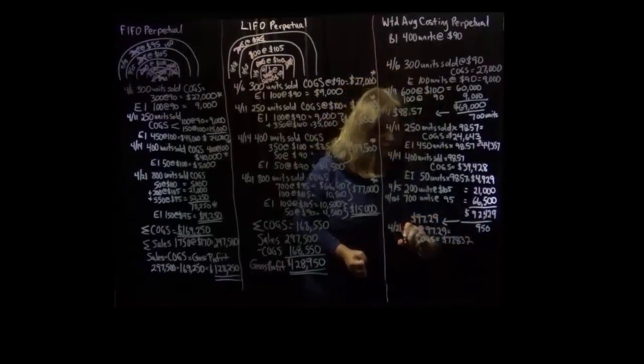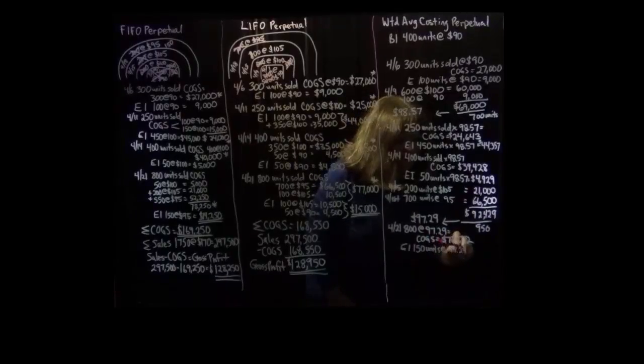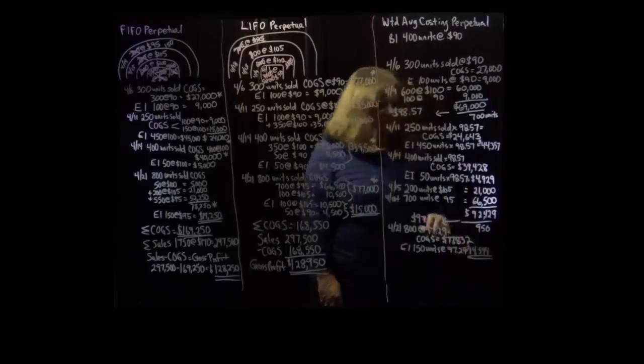Our ending inventory then, the remaining 150 units times the 97.29, gives us a total of $14,594. So this is our ending inventory for the end of April.